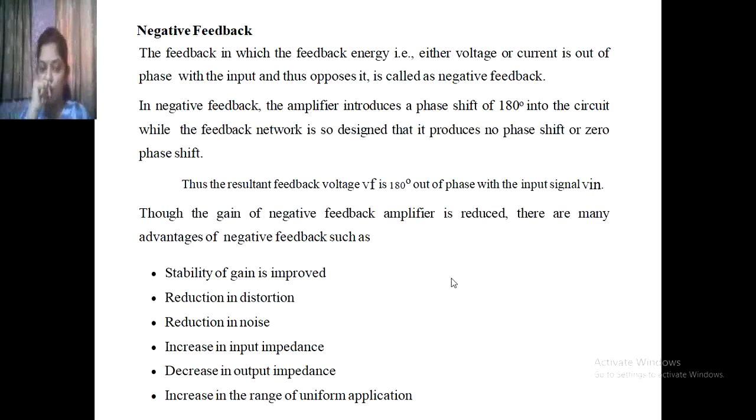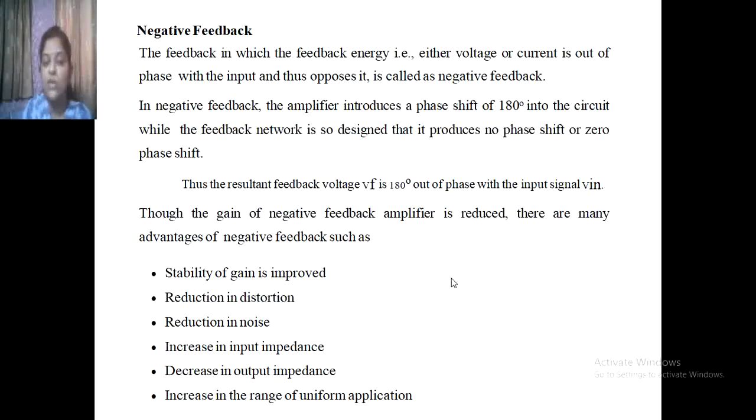Thus the resultant feedback voltage Vf is 180 degrees out of phase with the input signal Vin.